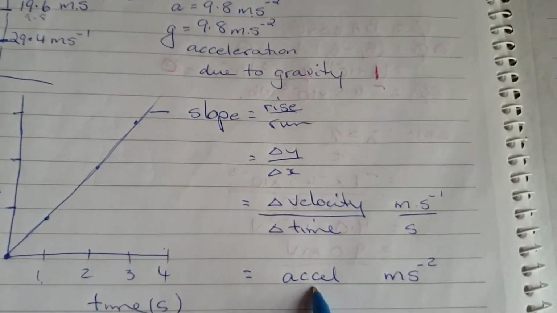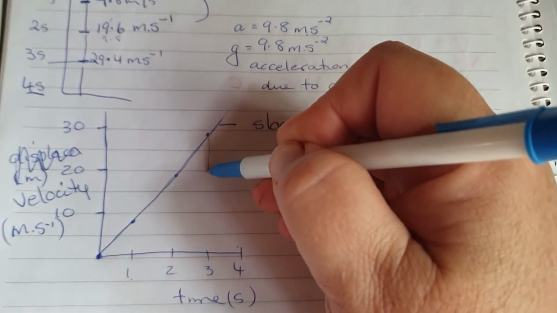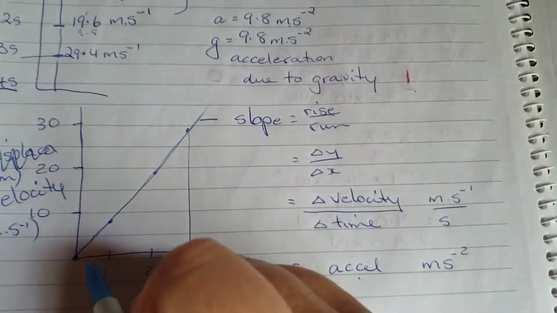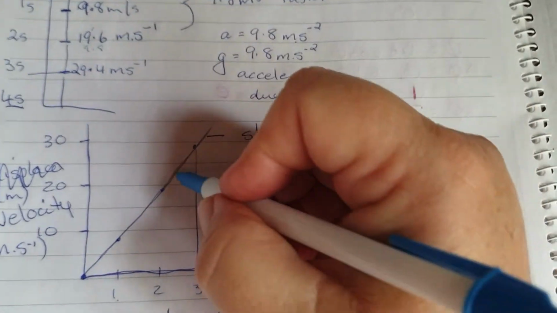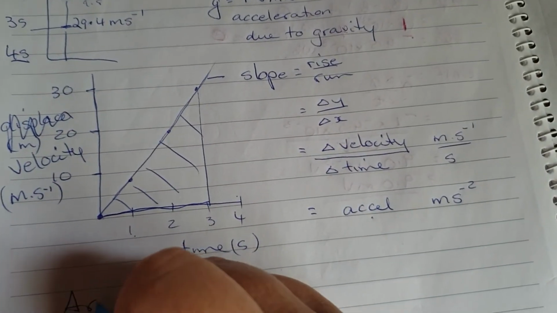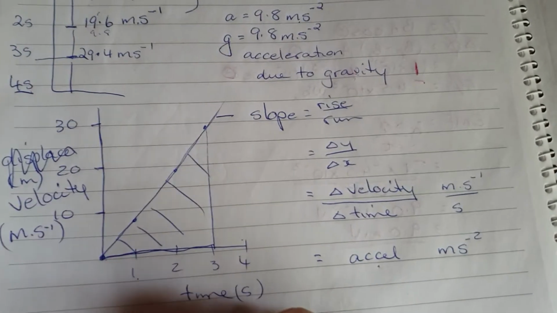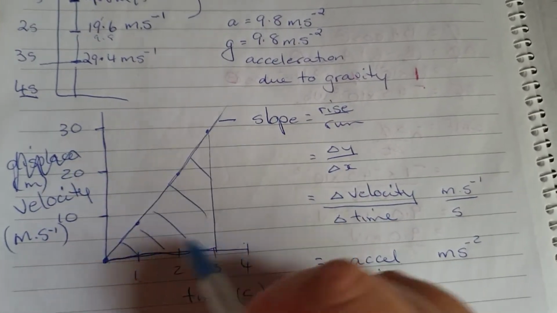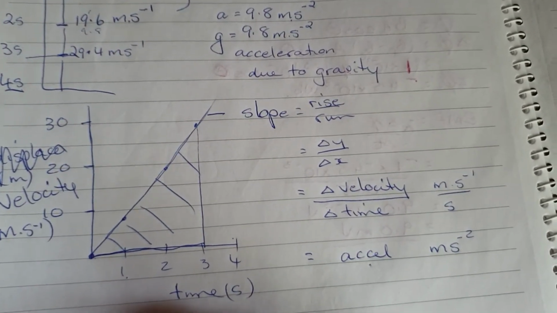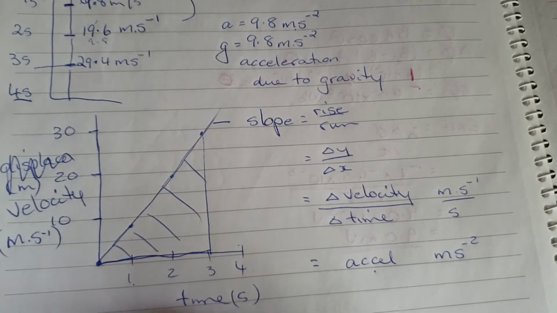Now there's something else I can work out from a velocity time graph, and that's the area underneath. So this area here, the area underneath the curve. So if we look at area, in this case, it'd be a half base by height, wouldn't it? So it's a half.